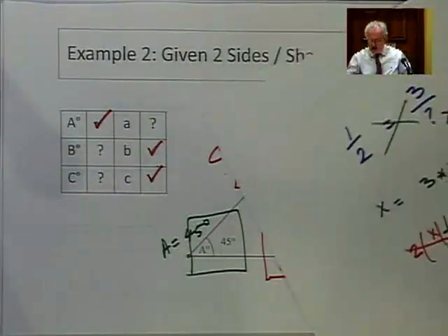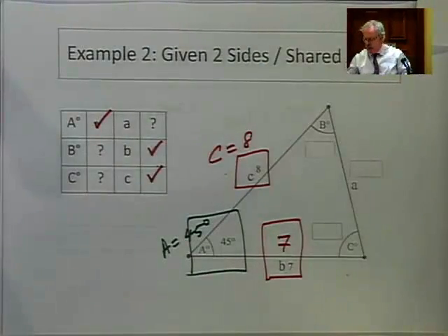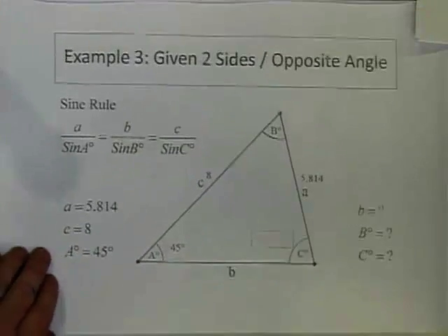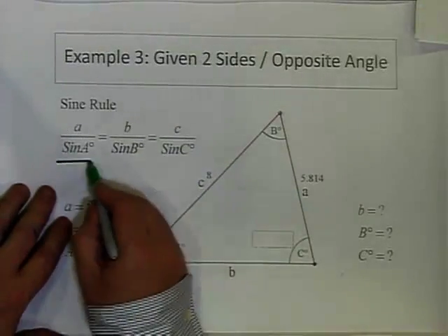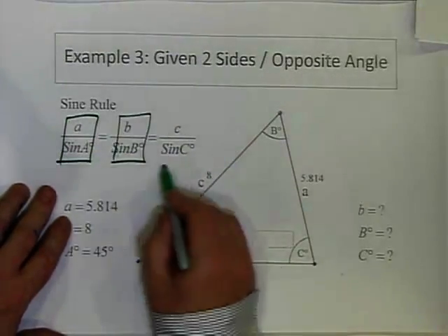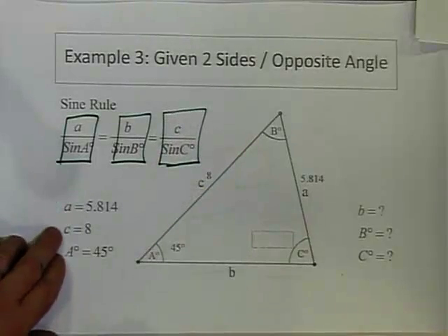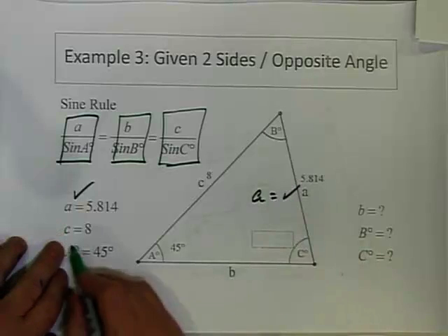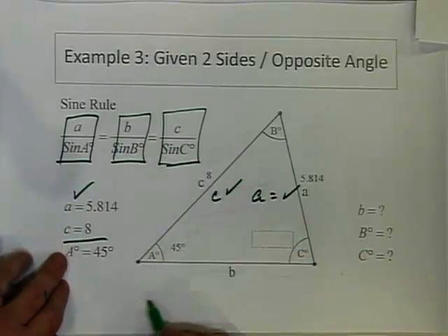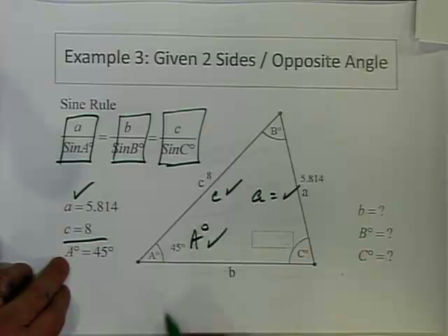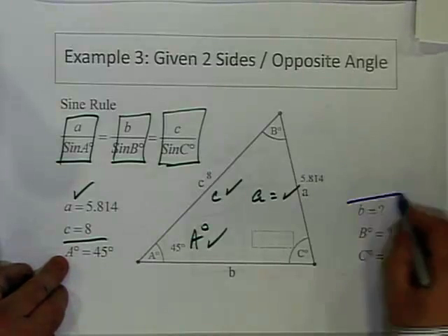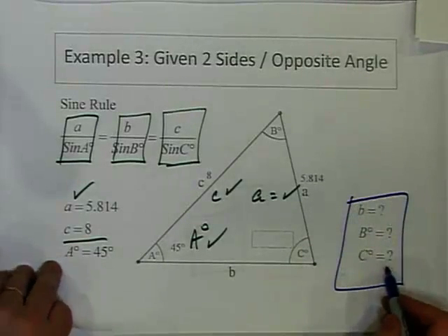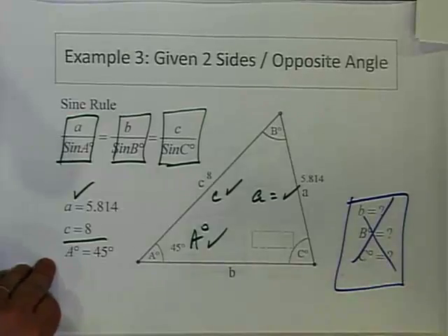So what we're saying is that it's worth going after this sine thing. Now the A over sine A, B over sine B, and C over sine C, it looks like I have A is known. I have C is known. Angle A, that's known. And as for B and C, don't know anything there.